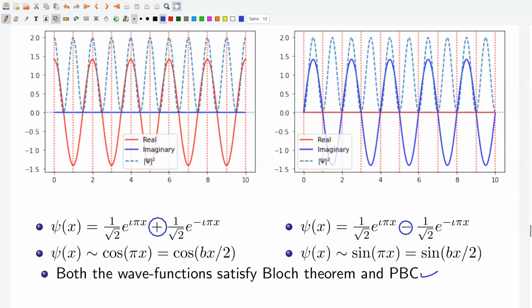Bloch theorem is satisfied because the probability density has the periodicity of the lattice. Periodic boundary condition is satisfied as the wave function and its first derivative are continuous at the boundary.